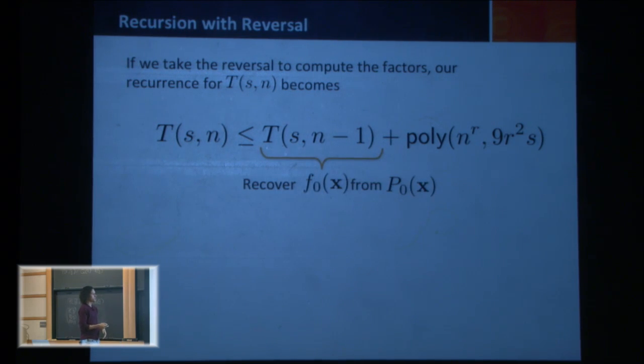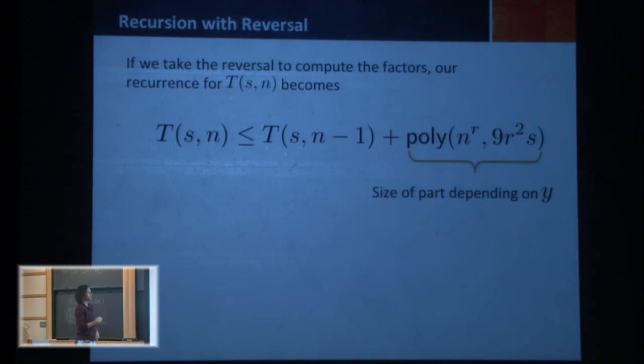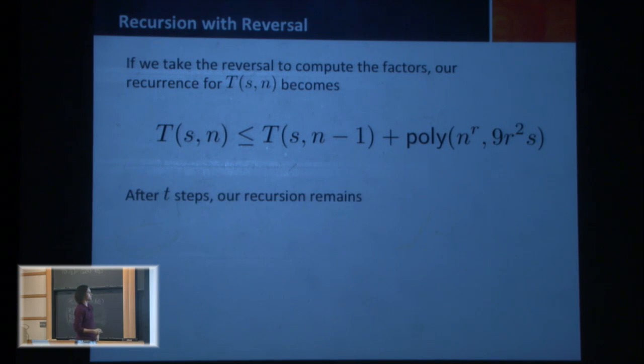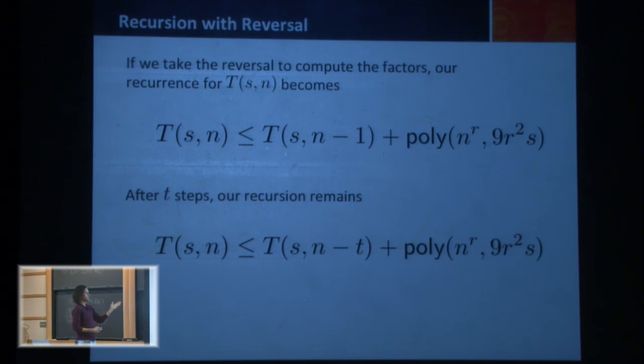So here we recover f_0 from p_0, and the other part is the size of the part depending on y. But the blow-up there doesn't matter because that's additive, right? That doesn't enter the recurrence. So after t steps, our recursion remains of this form. So this is what we want.